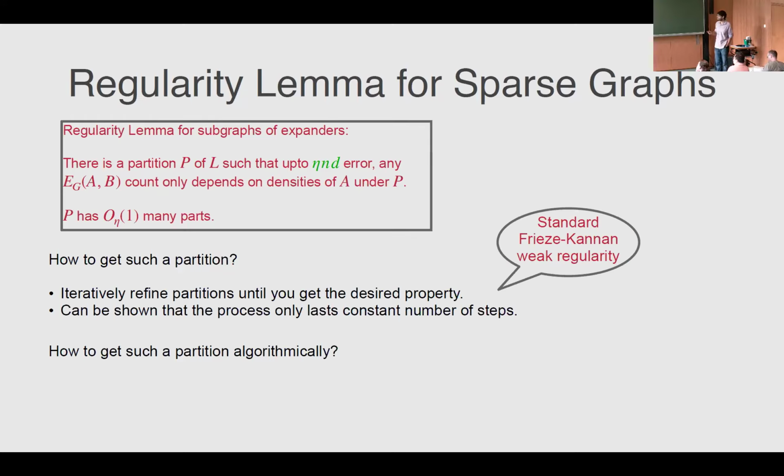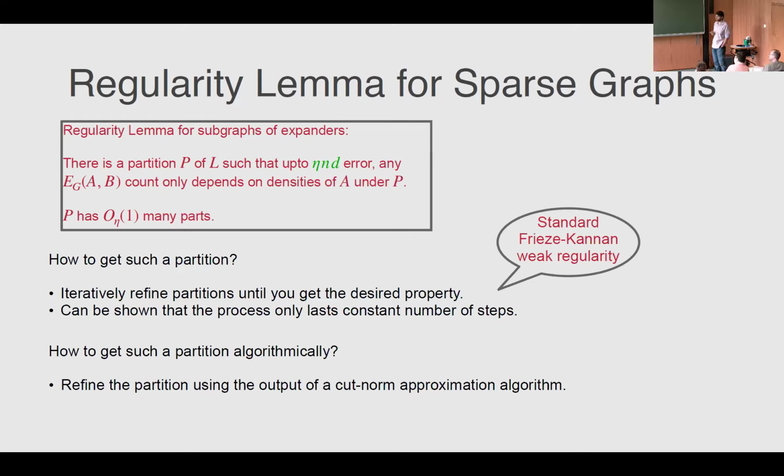Algorithmically, there's an extra question: how do we find this? It turns out that to implement this process algorithmically, we can rely on a standard problem called cut norm, and we only need to solve it approximately, not exactly. That approximation algorithm from Alon and Naor is well known, and we just use that.